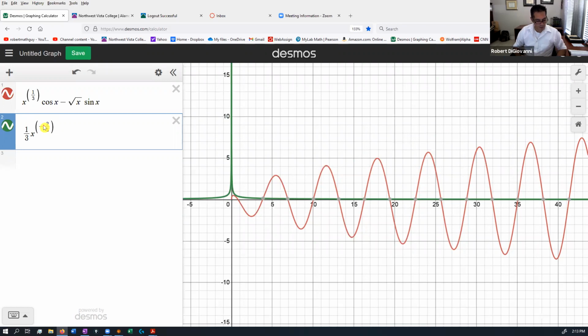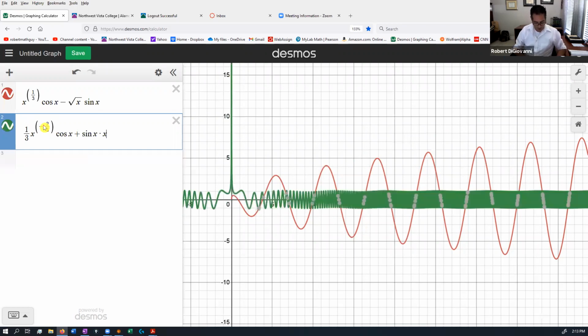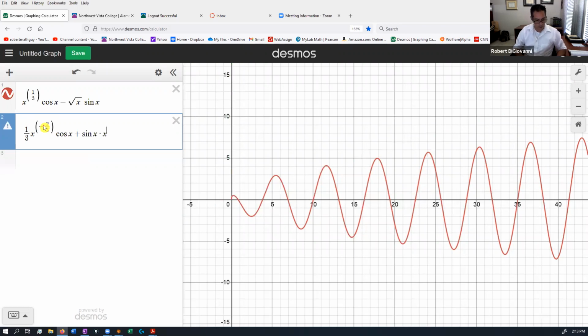And then I have times cosine x. And then I have plus sine x times x raised to the 1/3. See if it does it. Yeah, I did that. Okay.